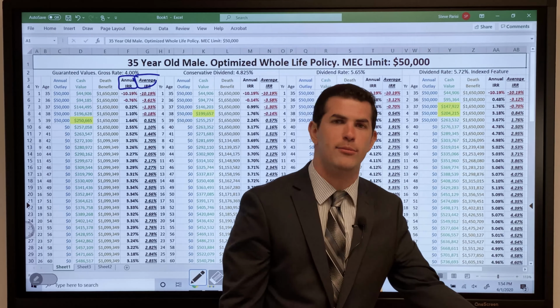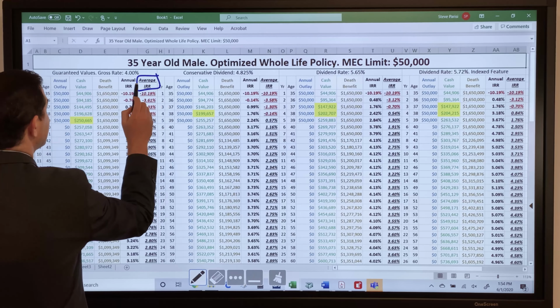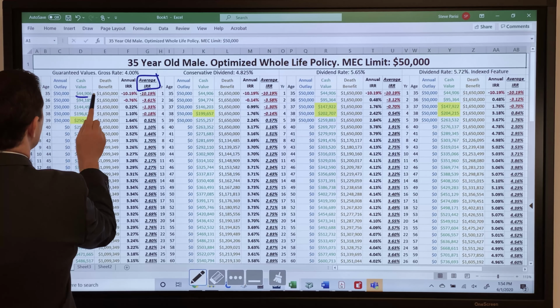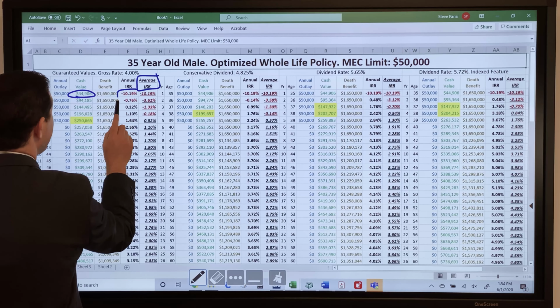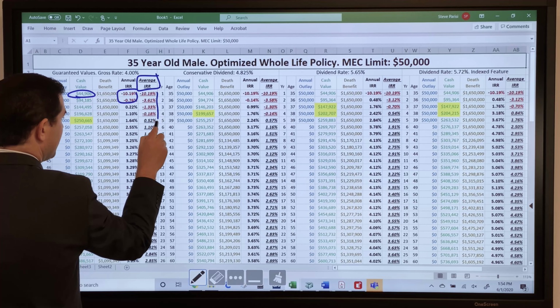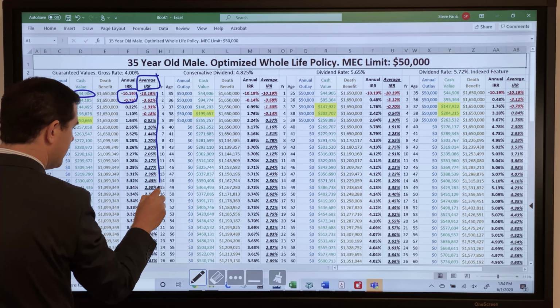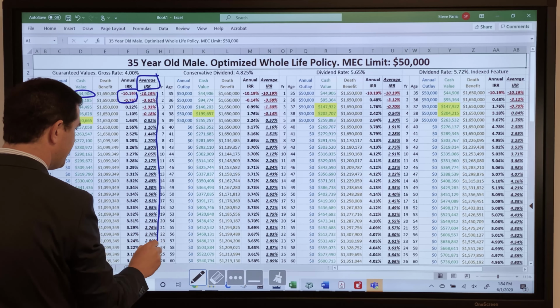Now the average will be lower because that's going to factor in really the first year, the early years where I'm negative. So the annual is going to pull it up, but overall, 2.8% on the average based off the guarantees.